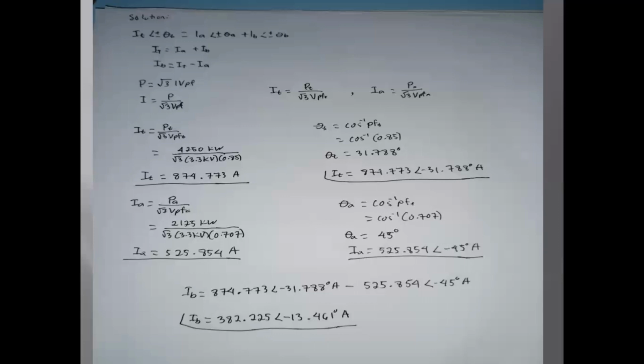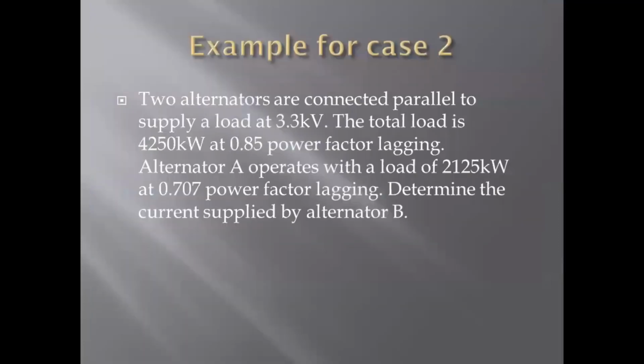So IB is 382.222 angle negative 13.461 ampere. That's all. Thank you.